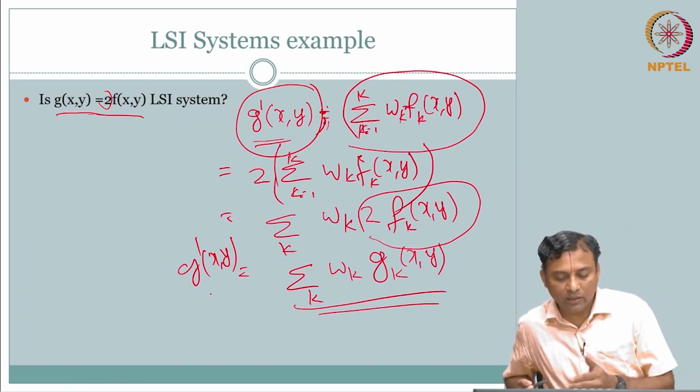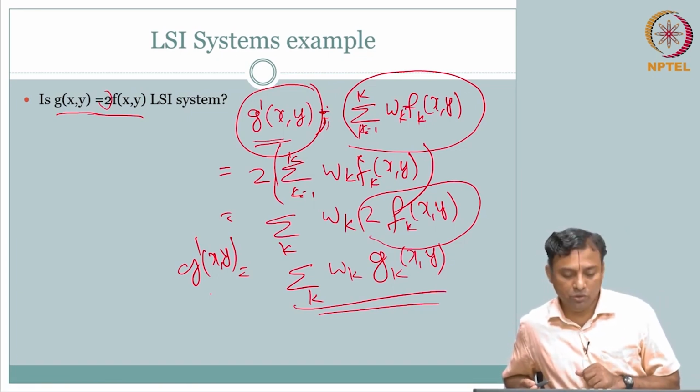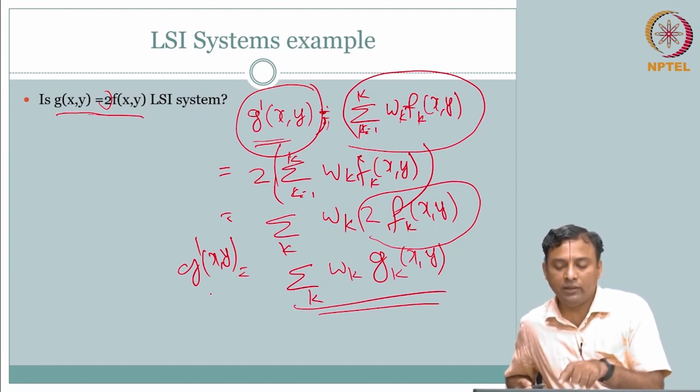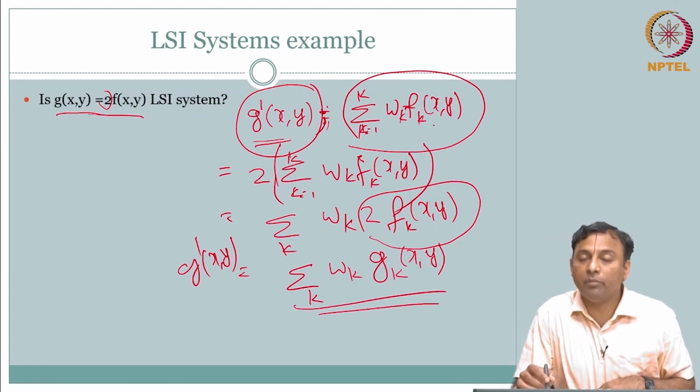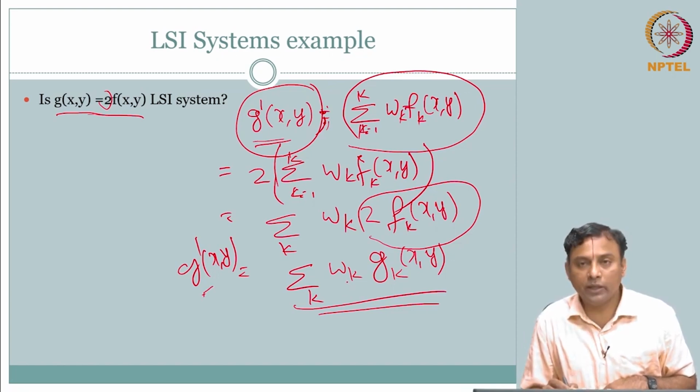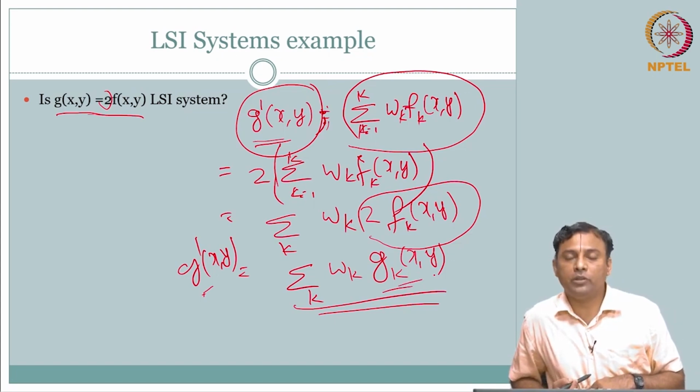So when you read this out, what comes through? My new output, when presented with a weighted combination of inputs, is nothing but the correspondingly weighted sum of the individual outputs to the individual inputs.